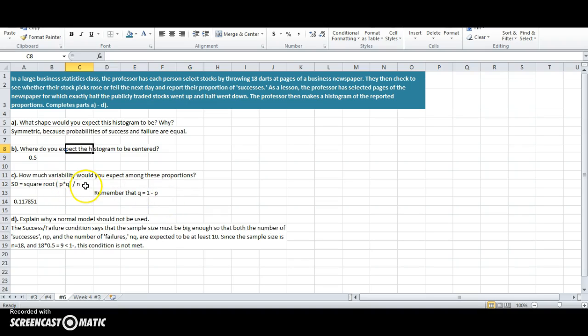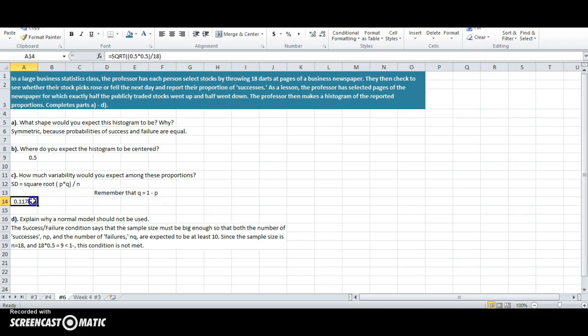So what is our p? Well, our p is 0.5 because there is a 50% probability of success or failure based on the construct of this question. And q, similarly, is 1 minus p, or 1 minus 0.5. What is n? n is our sample size, which is up here, 18.